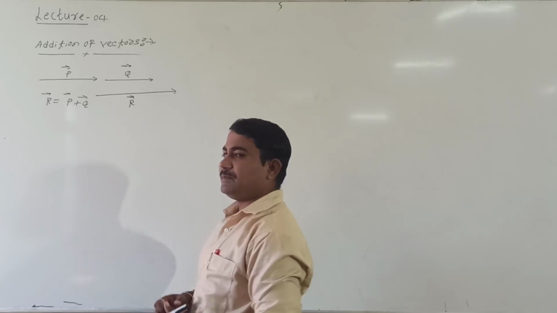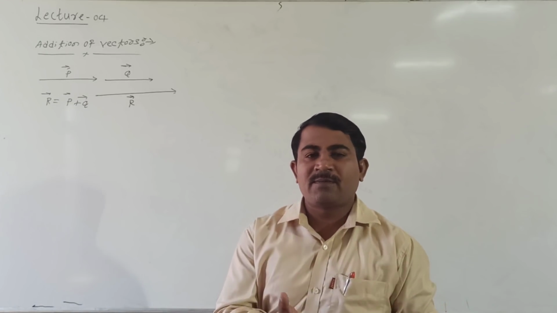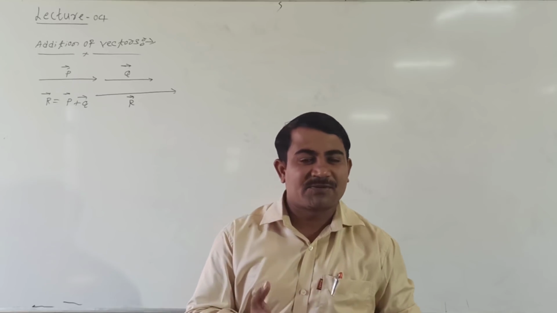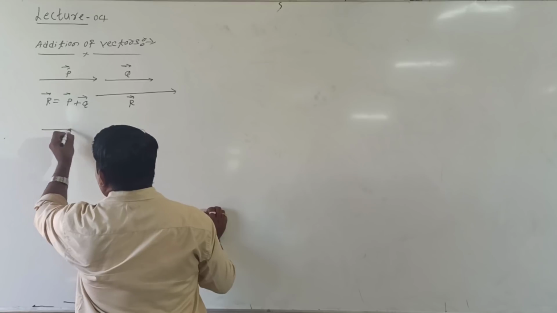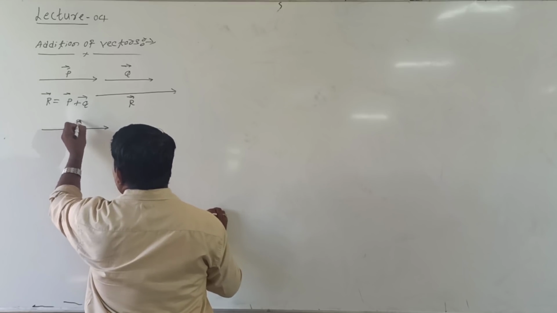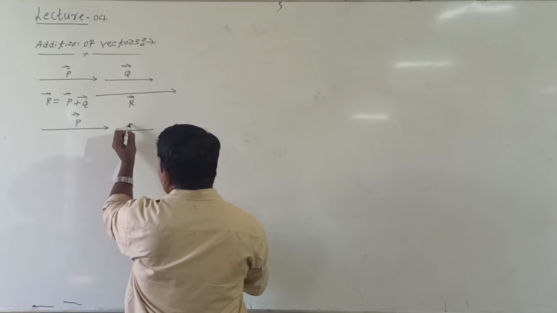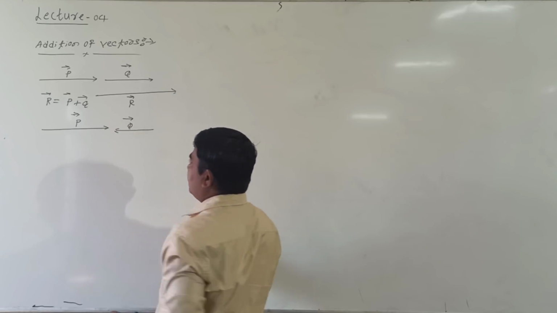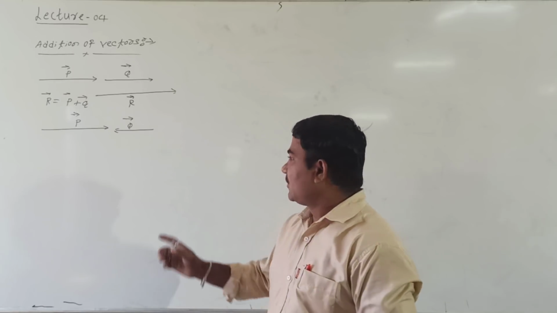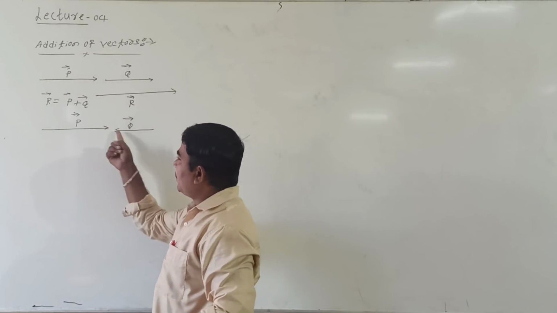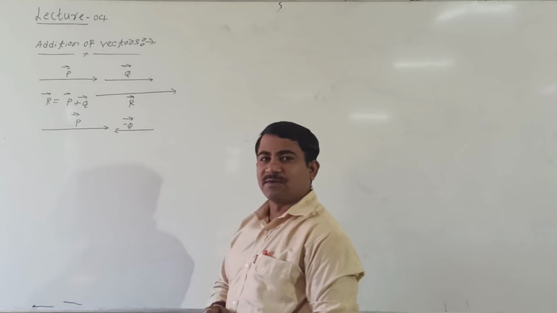If two vectors are in opposite direction, either of equal magnitude or unequal magnitude, let us see. Look here. This is one vector, let me call it p. Now this is the vector q. In this case, how to add? This vector is in the negative direction, it is in the opposite direction. So I will take this vector as a negative vector, minus q.